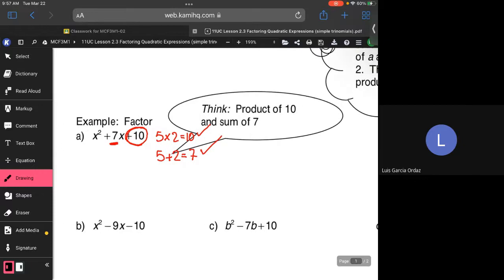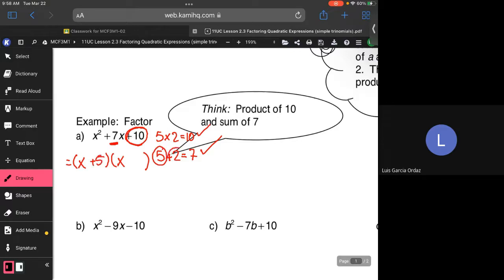So now if you were to write it in terms of a factor, you have your two brackets. Each one is going to start with x. And then the number that comes is the numbers that you use. So we use positive 5, so it's going to be plus 5.